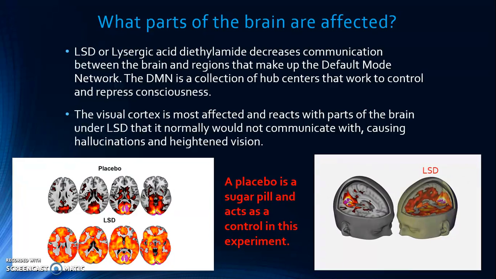The person who ingested LSD, as you can see by the brain scans, has a highly active brain that is communicating within all parts of it, unlike the placebo group.